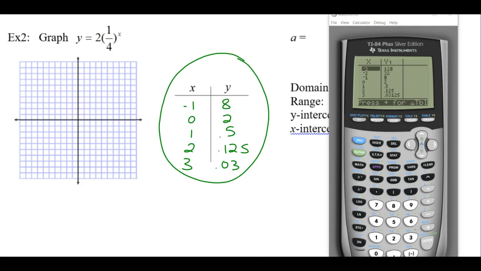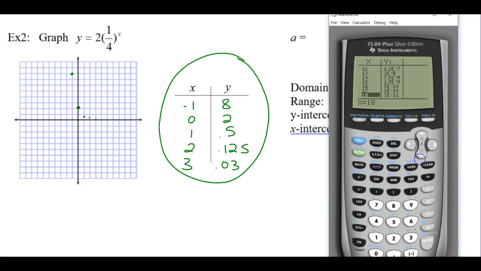Okay. And then on your graph, plot those values. -1, up 8. Over 0, up 2. Over 1, up 1/2. And then obviously what's going to happen as I continue to go down? Yeah, it's just getting infinitely small. Really, really tiny. But do you ever see it turning negative?